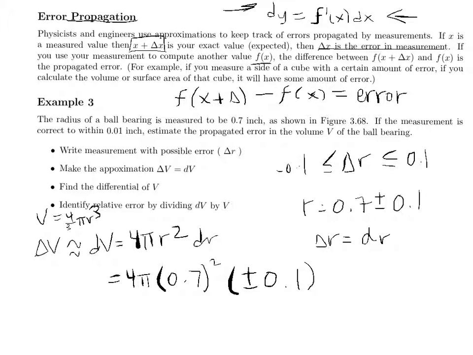What we're going to get is the value that we're going to have to add or subtract to the volume in order to get a proper volume. The volume could be anywhere between these two values. It's not going to be 0.1. Why? Because there's a calculation involved. The calculation magnifies the error. So our final dV, our differential, is plus or minus 0.01.